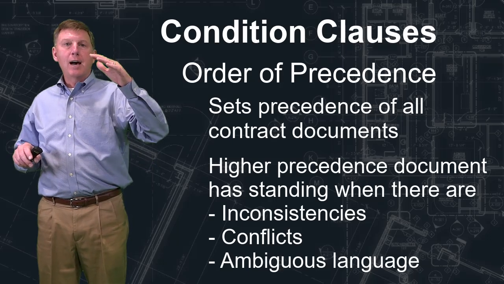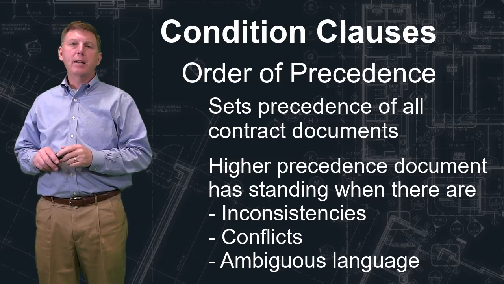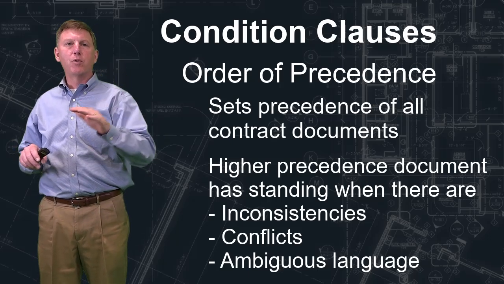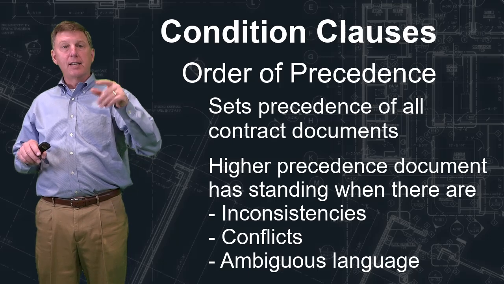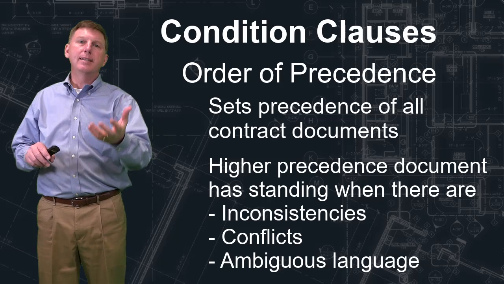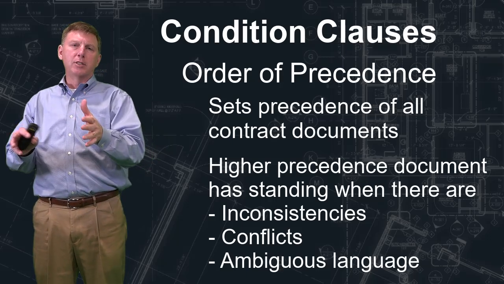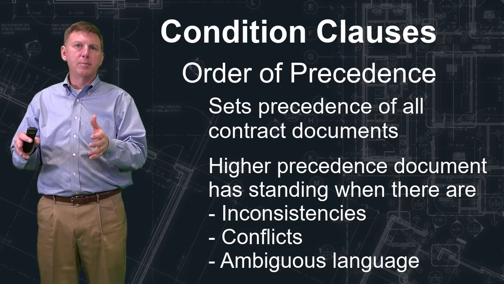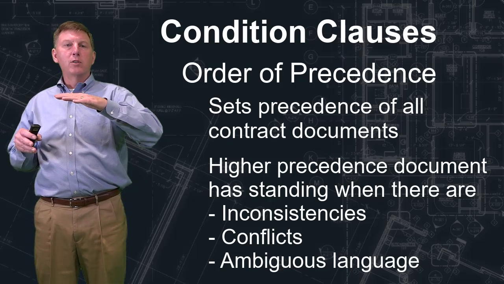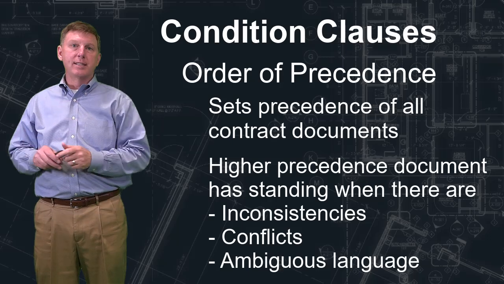So the ones at the top will take precedence over the ones at the bottom. In such a ranking, if they rank specifications before drawings, you know that if there was conflict, the specifications would rule. Now, in that situation, you would probably do a request for information, just to be sure. But lacking that, you would actually just go with the one that is the highest precedent.